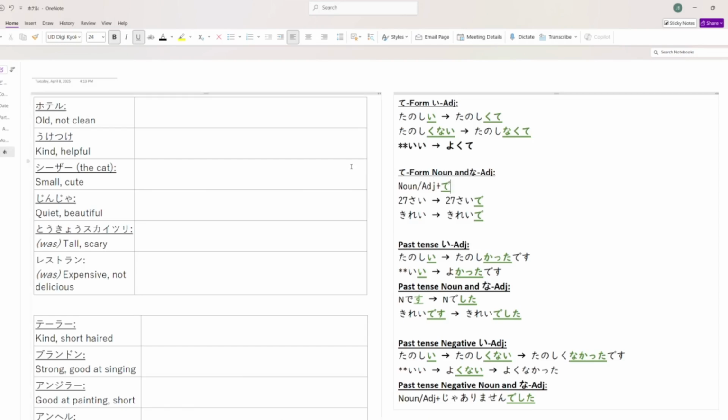This is the noun one, because I couldn't immediately think of what else we're using as a noun for descriptions. But I just remembered age was one of them that they used. You just add de, and same with like kire de. That's all.